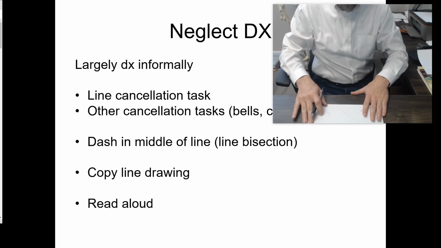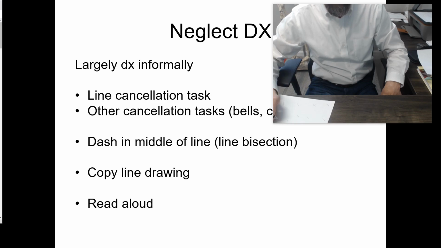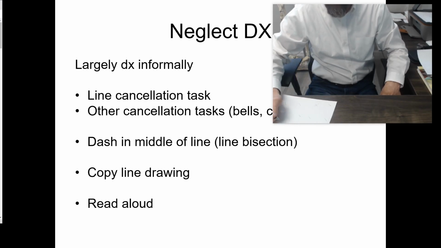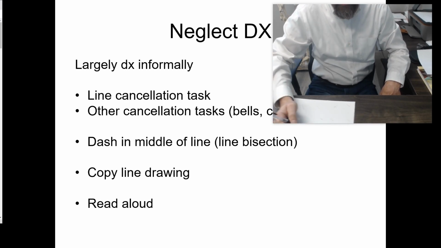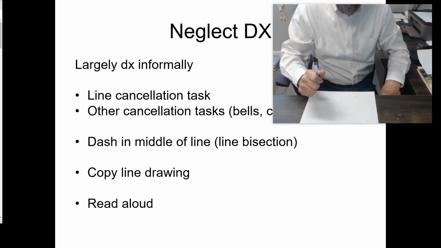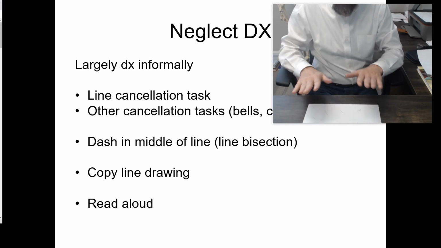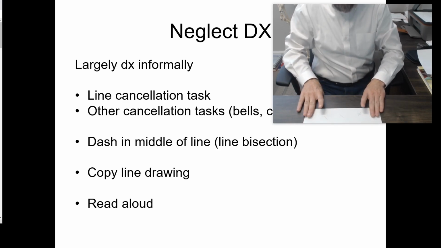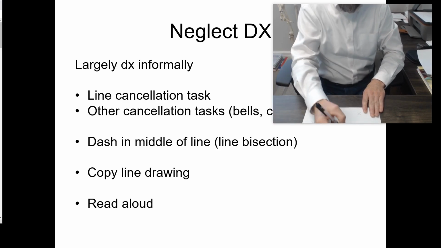When you push this in front of them, they're going to do this, and then they're going to try to drag it without thinking into their non-neglected field. So if you see them do this, then that's going to indicate to you that they probably have neglect, or maybe they have visual field cuts. So you want to present it, and you're going to keep your hands on the sheet of paper to keep them from pulling it one way.